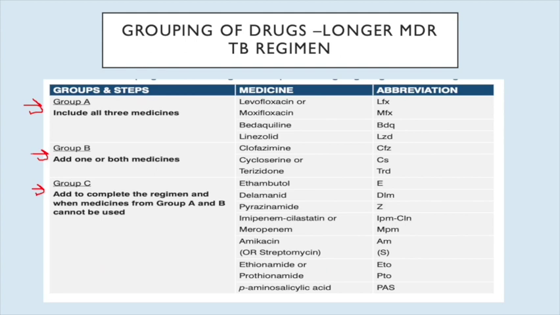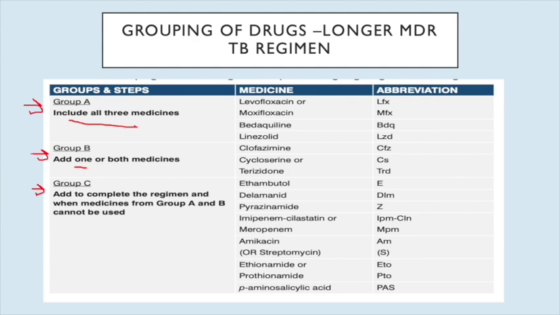In all regimens, we would like to include all the 3 Group A drugs plus add one or both of the medicines in Group B. Group C drugs are like reserve drugs. So we use them only to complete our regimen if some of these cannot be given or these are resistant, as in an XDR case, and when medicines of Group A and Group B cannot be used.